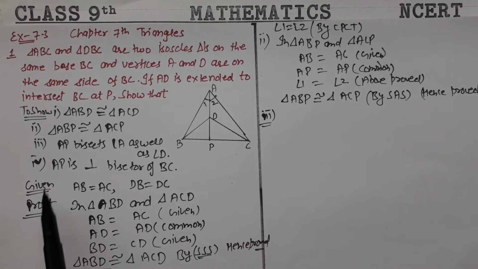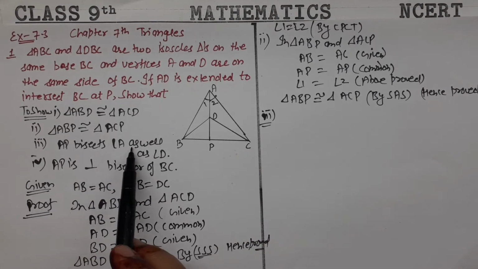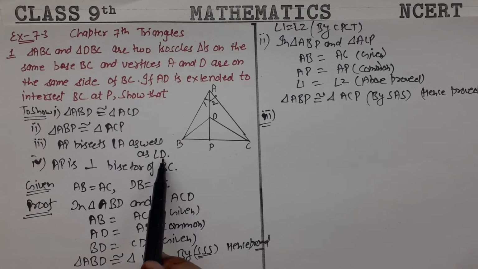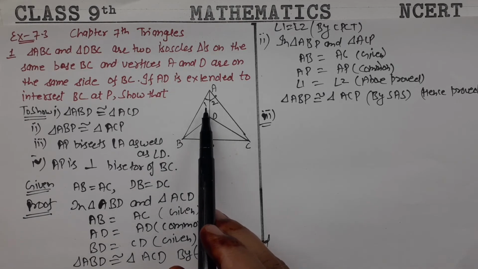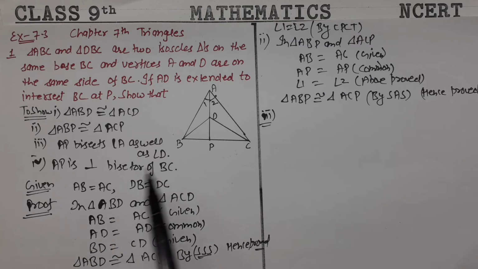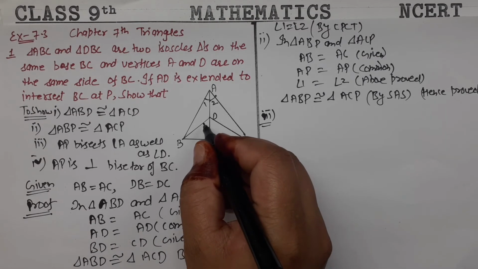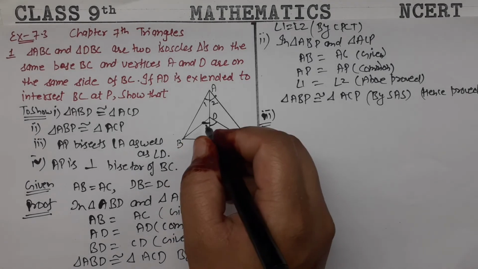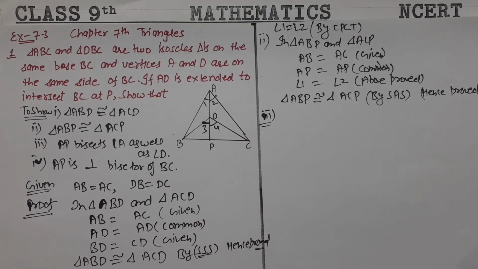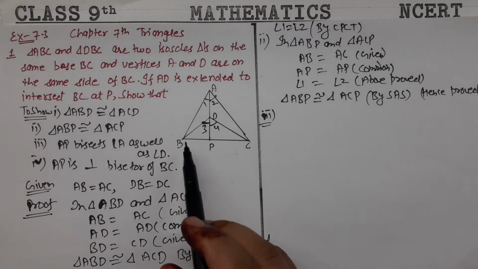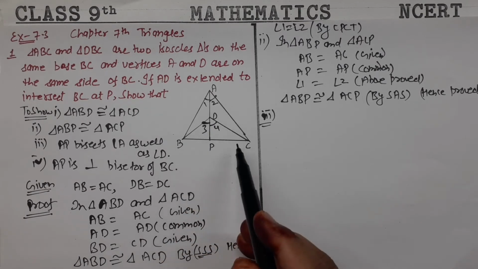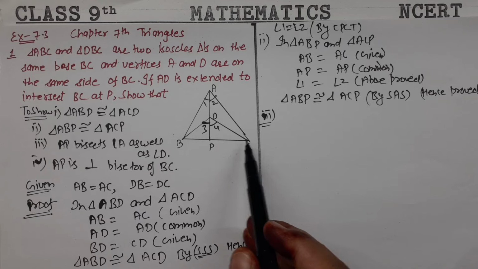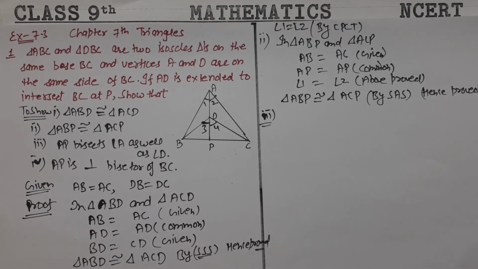Part third. AP bisects angle A as well as angle D. For angle A, angle 1 equals angle 2. For angle D, we need to prove these two angles are equal. Let me take these two angles as angle 3 and angle 4. For it, we need to prove triangle BDP is congruent to triangle CDP.